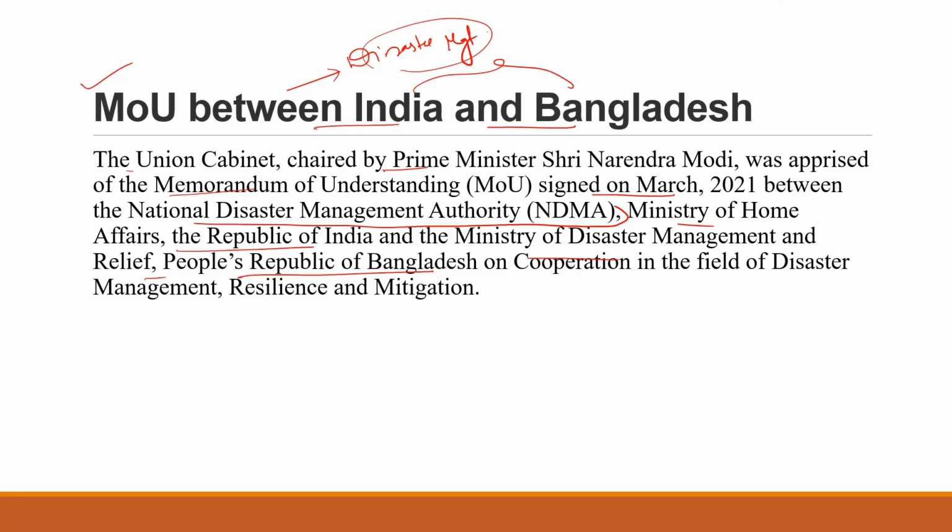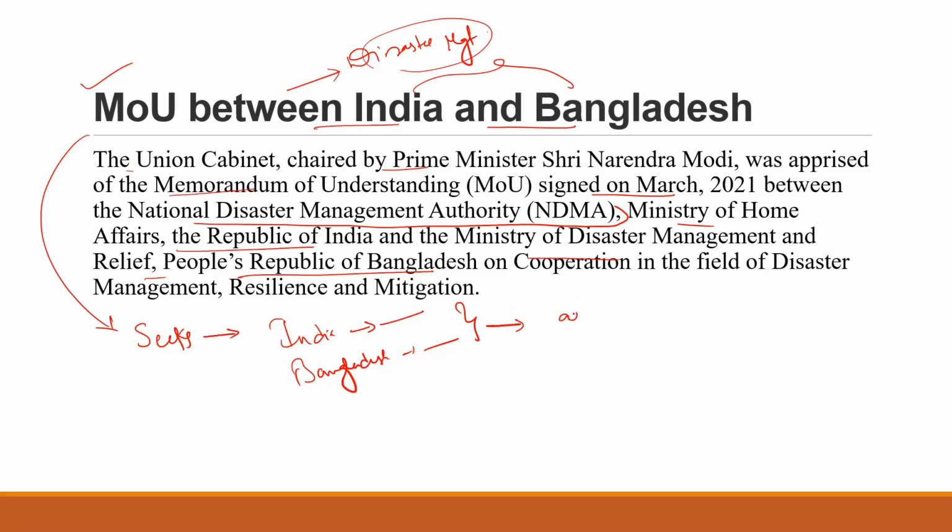Now, what does this MOU seek? We have seen the MOU was regarding disaster management, but what it seeks is that both India and Bangladesh will be benefited. India has some mechanisms or techniques to deal with disaster management, and Bangladesh has a particular strategy to deal with it. So both will be combining and sharing the knowledge so that both benefit.